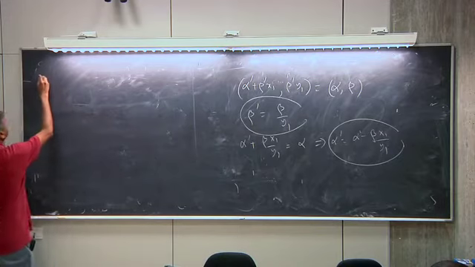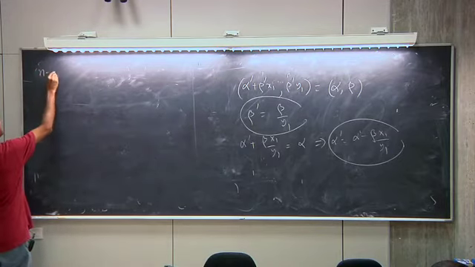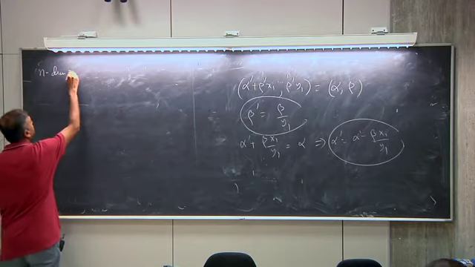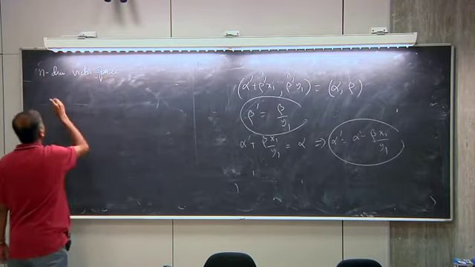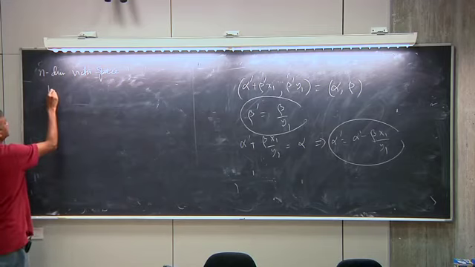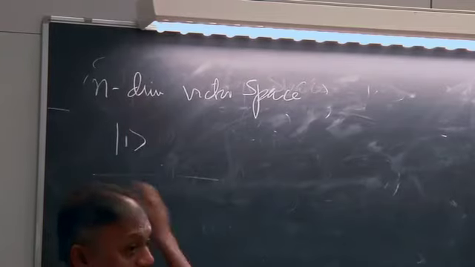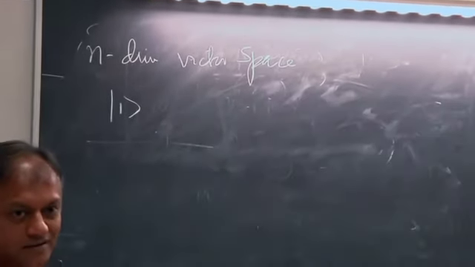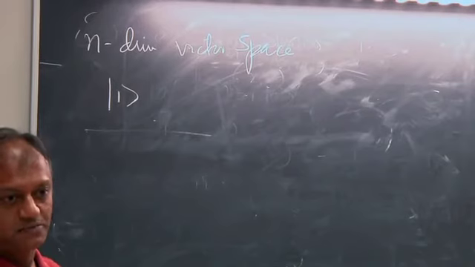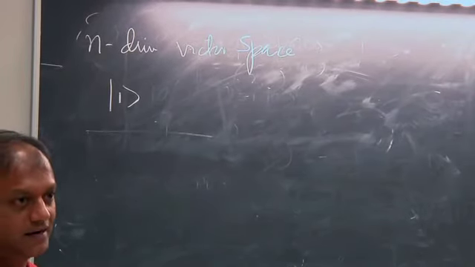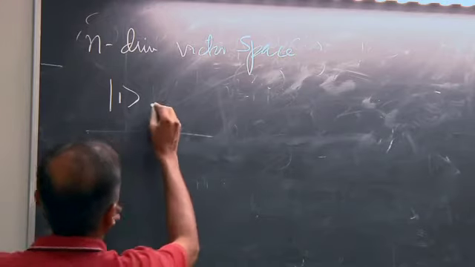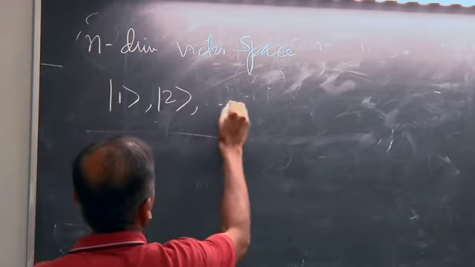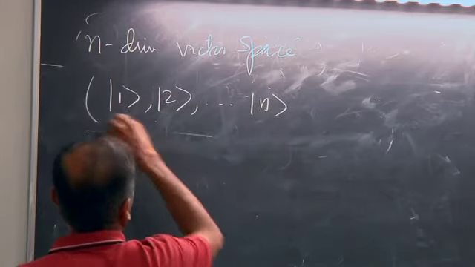Say there is some n-dimensional vector space, and say there is a basis. There should be n vectors, the basis vectors. When you say the dimension is n, the maximal set of linearly independent vectors is n, so the basis will always have n vectors. I choose one basis, 1, 2, up to n. So this is one basis.